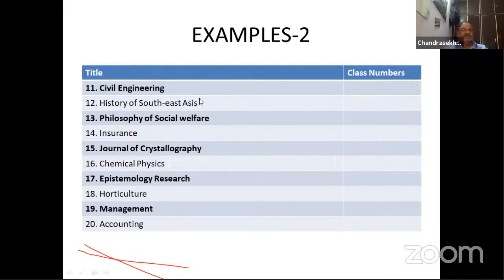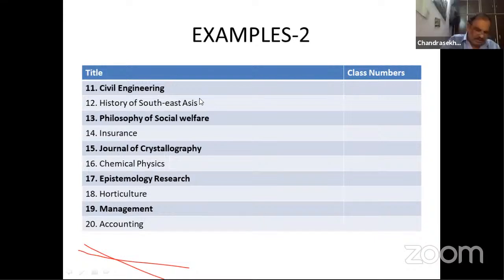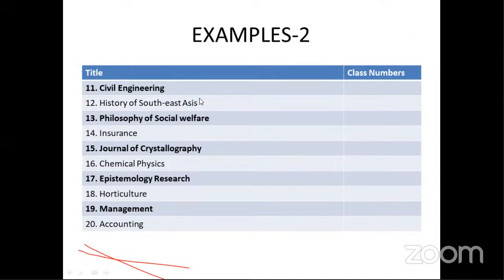So in such cases, what do you have to do? Go to the index. It is not there in the third summary. So go to the index, social welfare. There may be a direct number for social welfare.